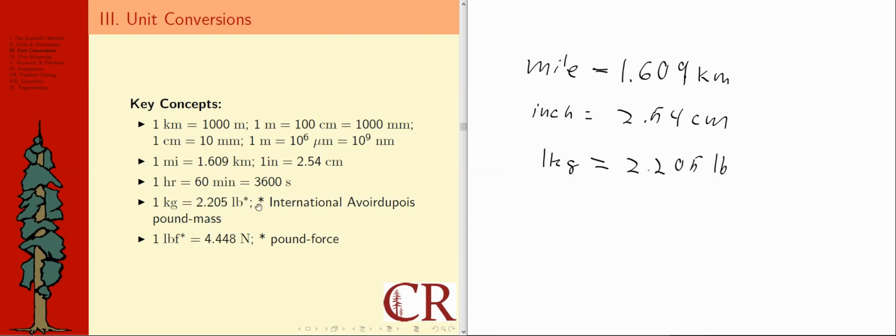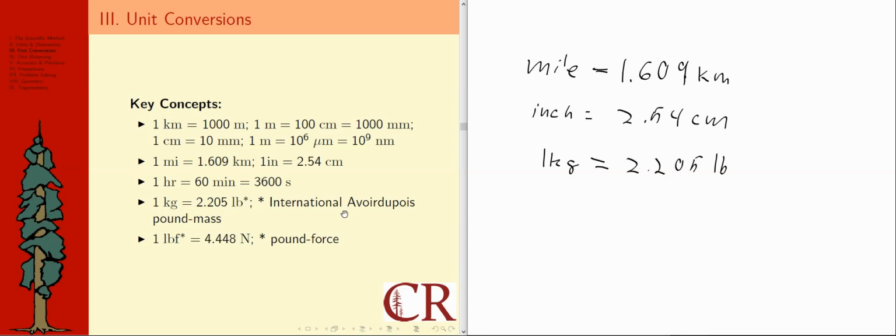But I put a little asterisk there, and I'm making the claim that that works for the International Avoirdupois pound mass. So it turns out there are some different definitions of the pound that are accepted. There are even different governmental definitions. I think this is one of the more international ones, but the U.S. government and the British government sort of have their own definitions for the pound. I think they're in agreement. You could look that up maybe.